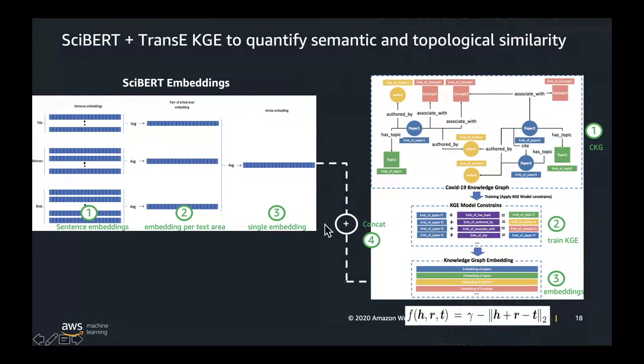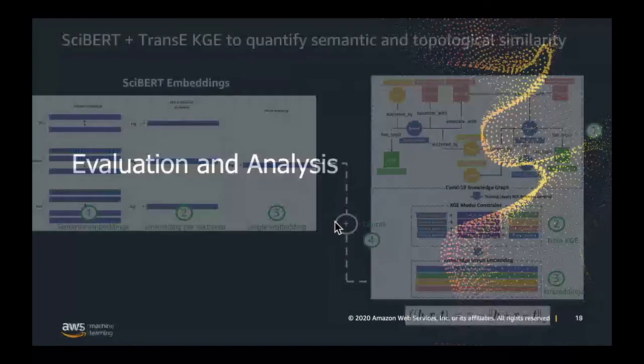And we use the score at the bottom. Then we concatenate those individual representations of a paper and rank them based on cosine distance.